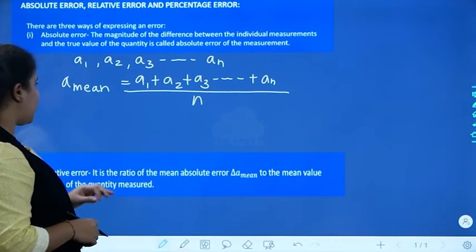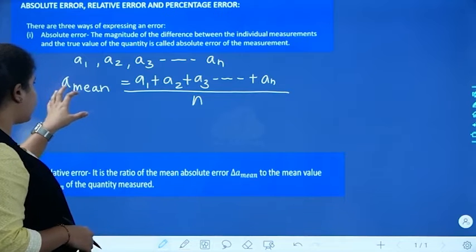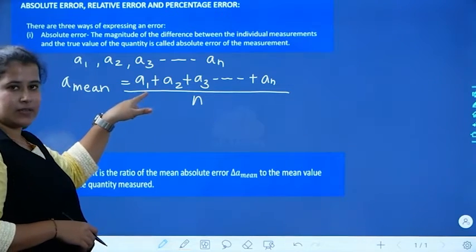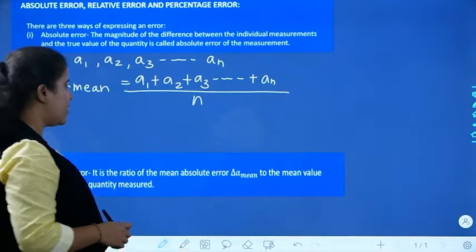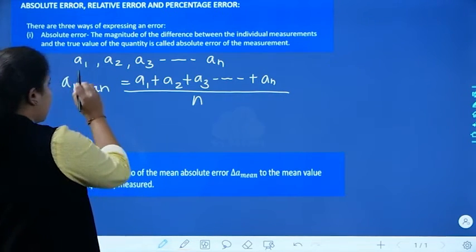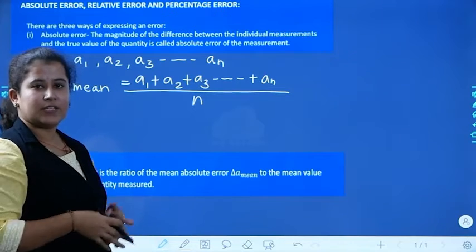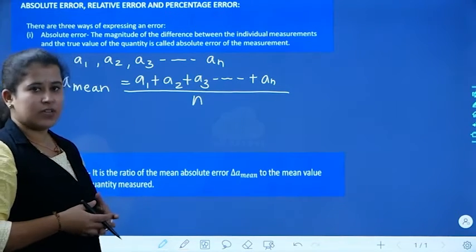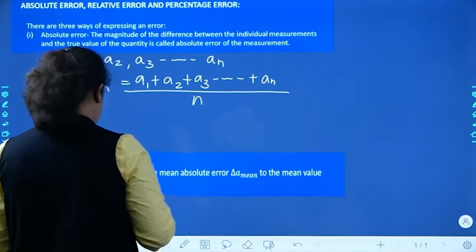Next, I'll take A1, A2 and so on till AN divided by N. In the next case, I'll take the observations which are changing, the errors which have some change. So what will be the answer I get?